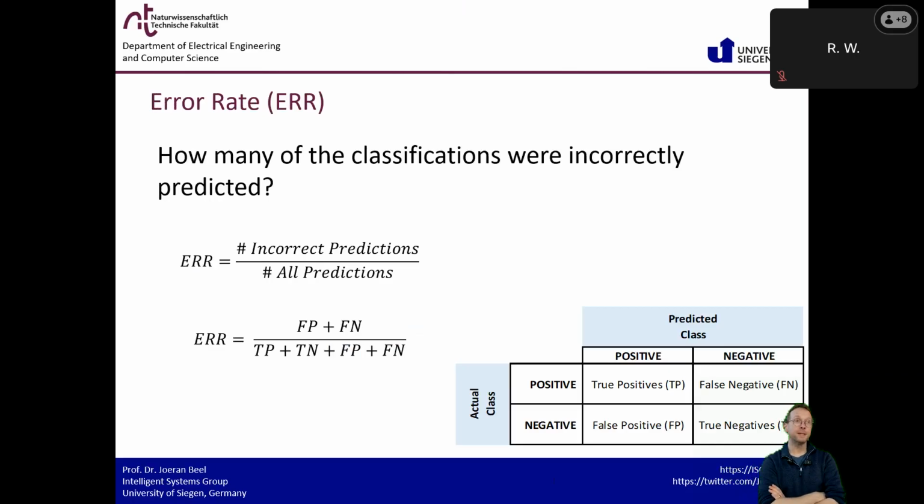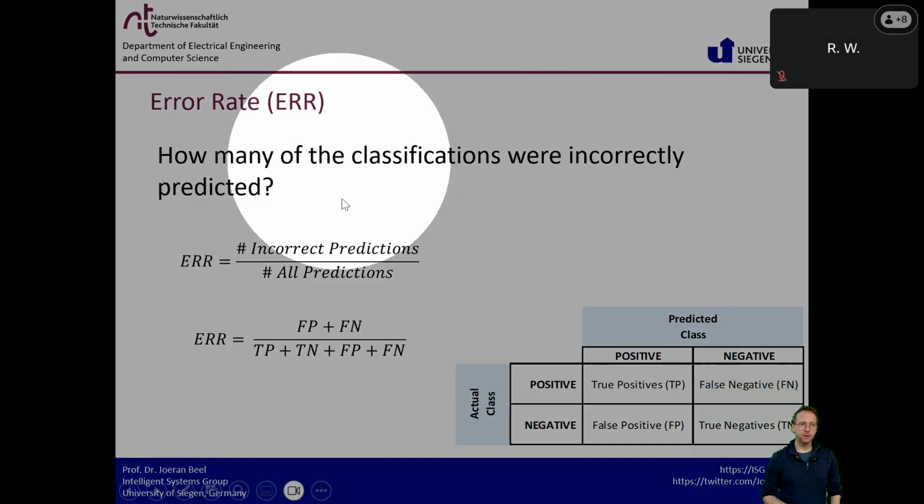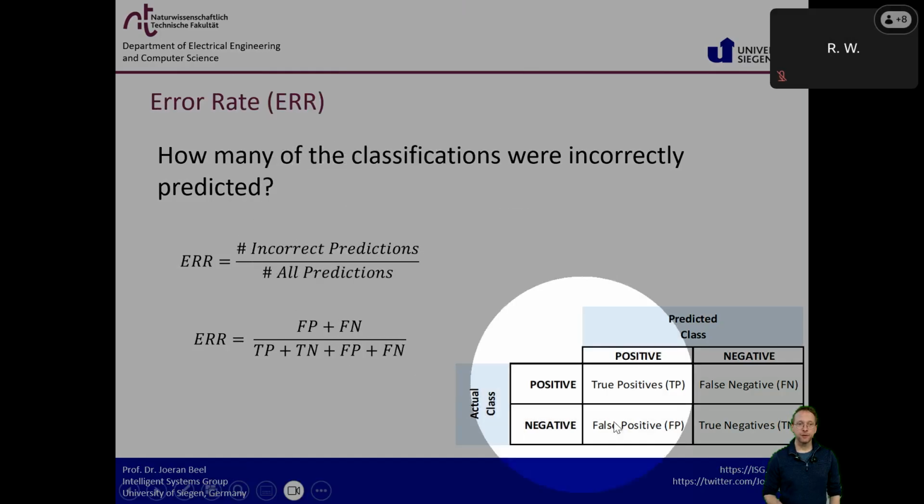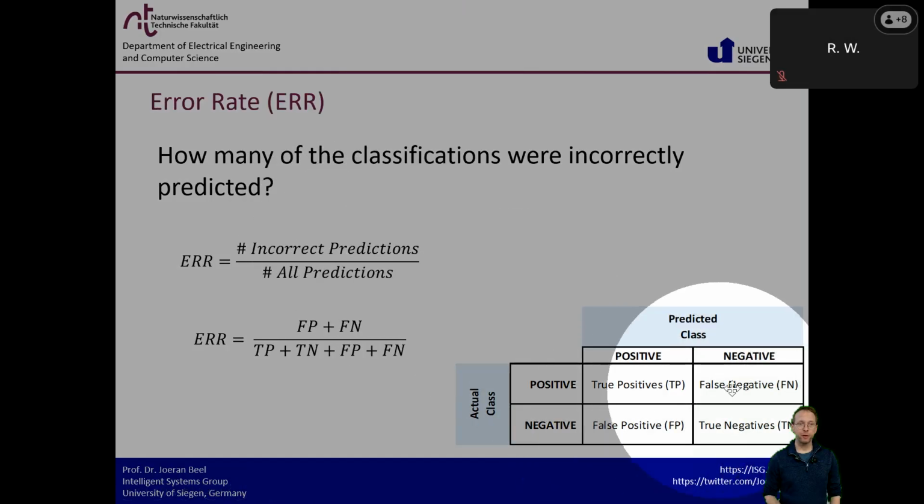So first metric beside accuracy. How many of the classifications were incorrectly predicted? That's the error rate. So it's the number of incorrect predictions. The incorrect predictions are the false positives and the false negatives together.